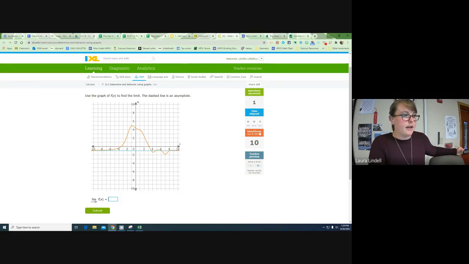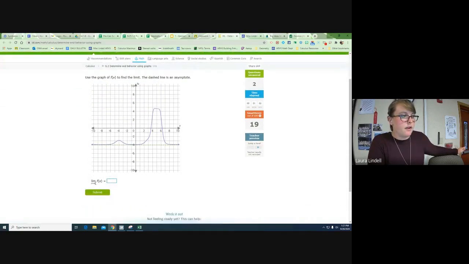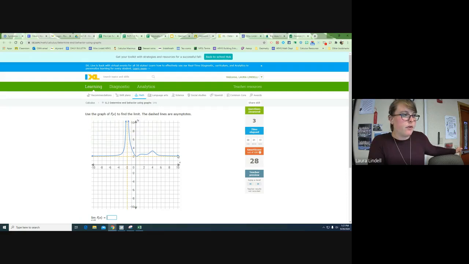So as x goes to -infinity, f of x is going to -1. This one, same idea. As x goes to infinity, f of x is going to -4. Okay, so it's wherever those asymptotes are.